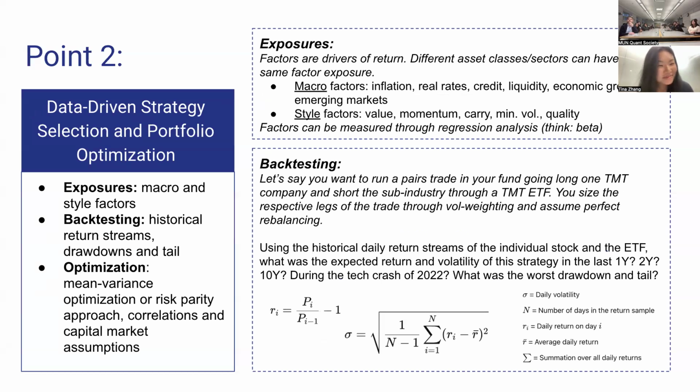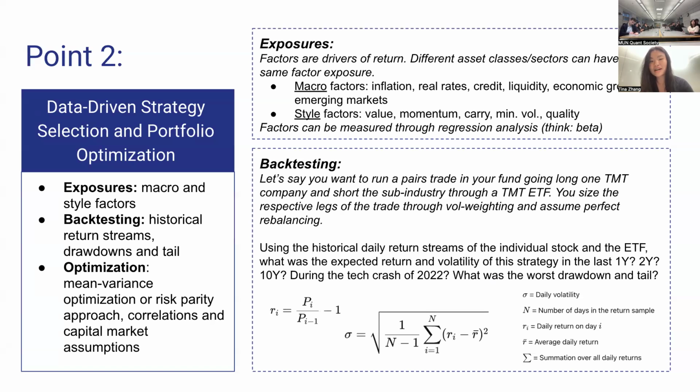Okay, there's math now. So now we're moving on to point two. First thing to talk about would be exposures and thinking about what exactly your assets are being driven by. Even though we've split assets by type, for example, a stock versus a bond, or a consumer stock versus a financial stock, they can still have the same factor exposure.